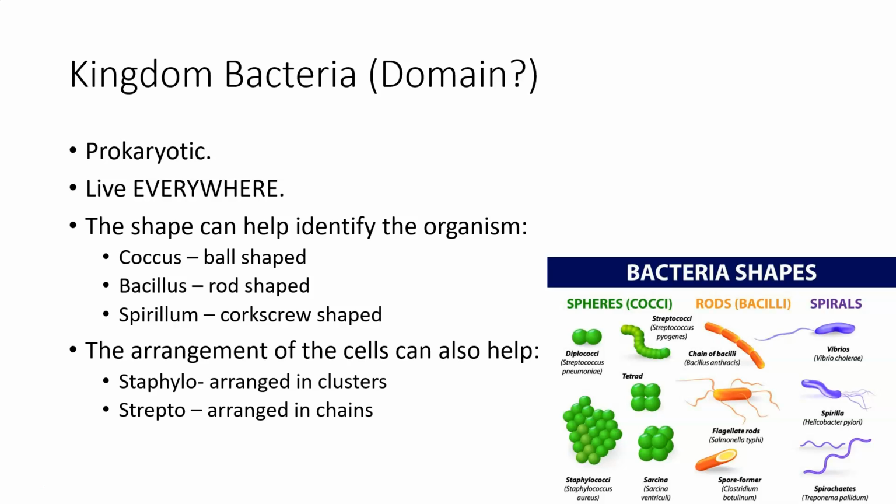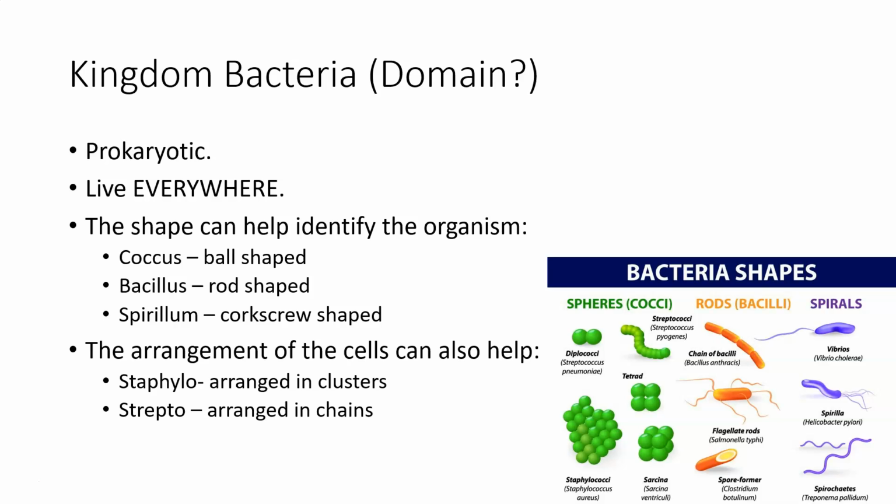But what you're going to put down as kingdom bacteria for lab. Everything in this kingdom is prokaryotic, just like the Archaeans were. But again, to make it more easy to understand, we're going to say these aren't extremophiles. They live everywhere.